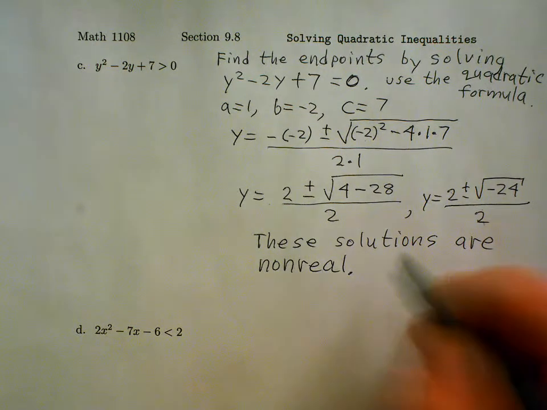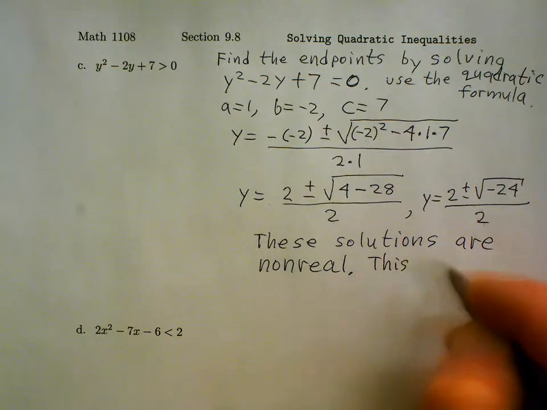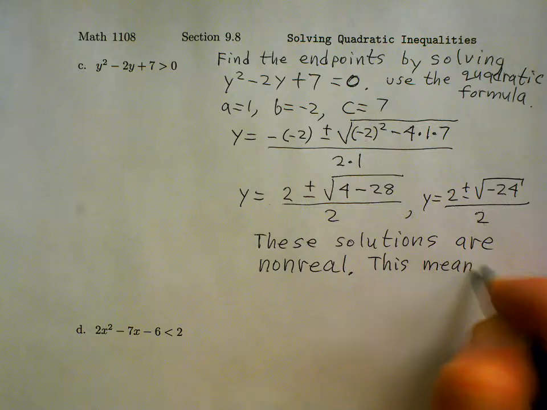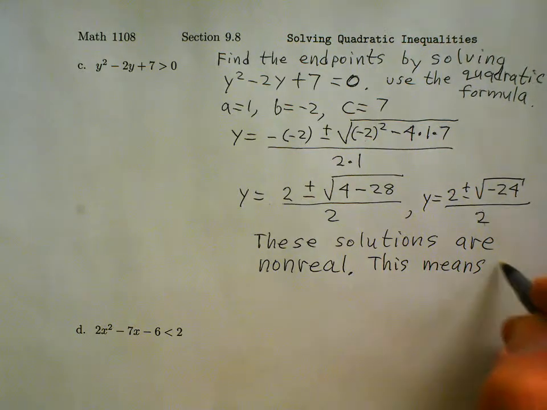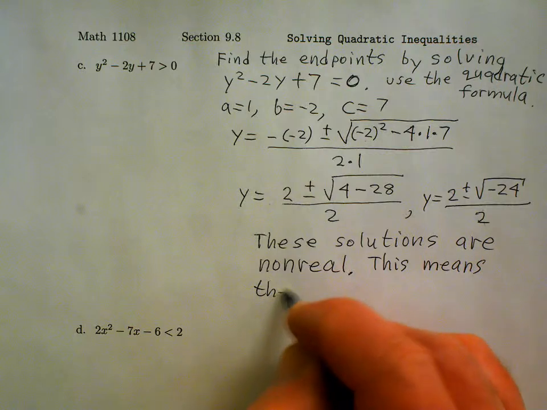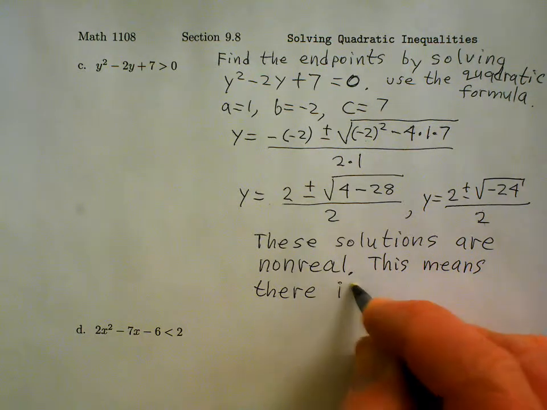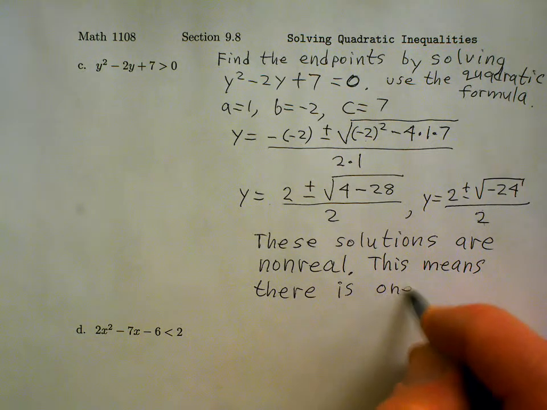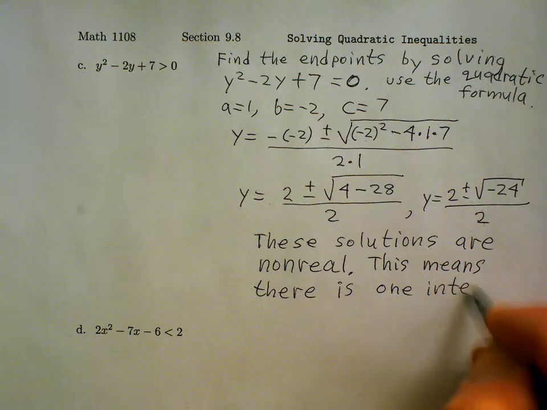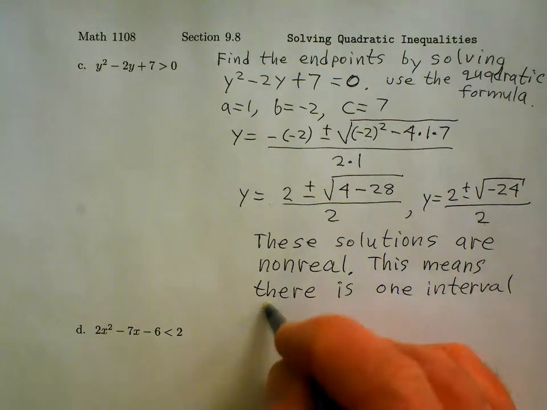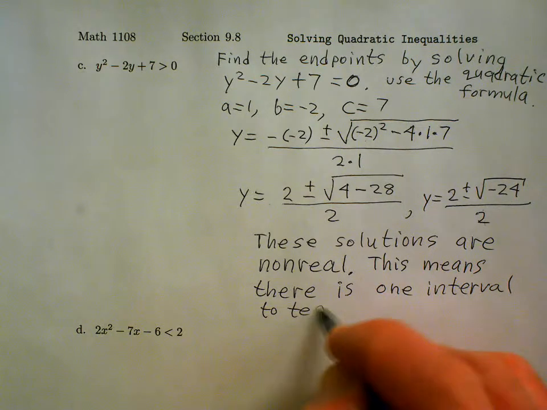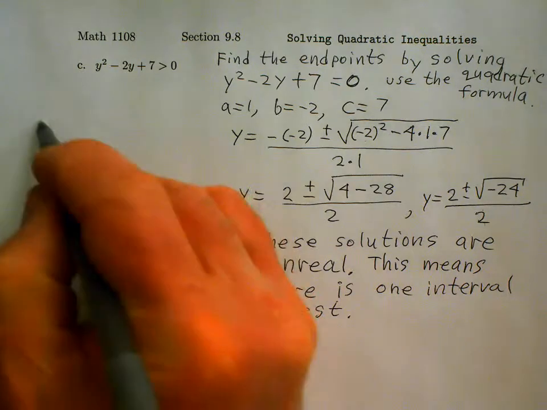So this means there is only one interval to test. The interval between -infinity and +infinity. Okay, so let's draw the number line.